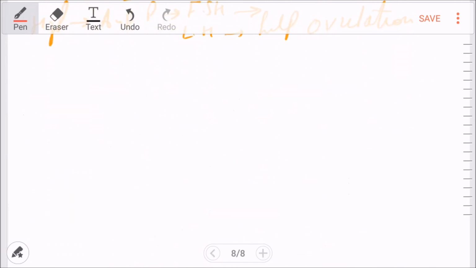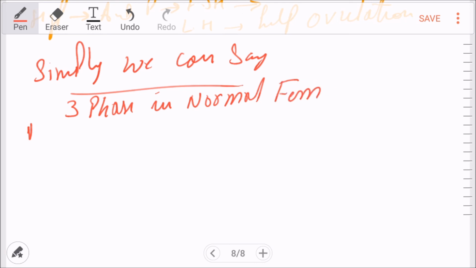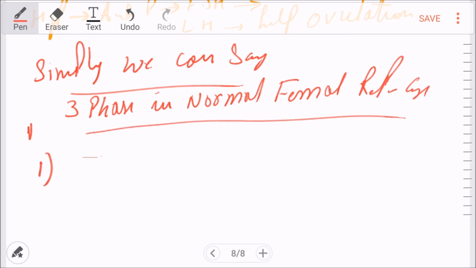Or in simple terms we can say there are three phases in the normal female reproductive cycle. The first phase is the proliferative phase.